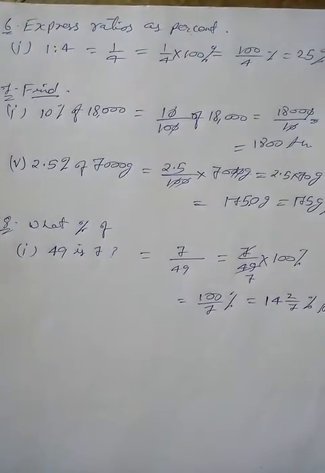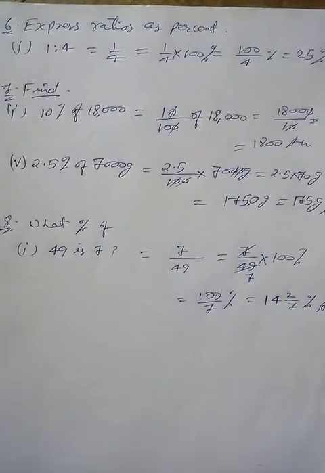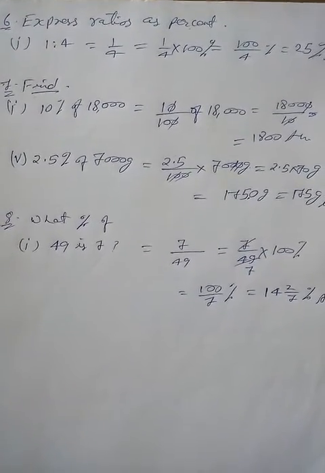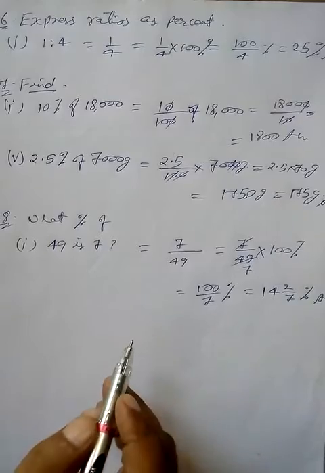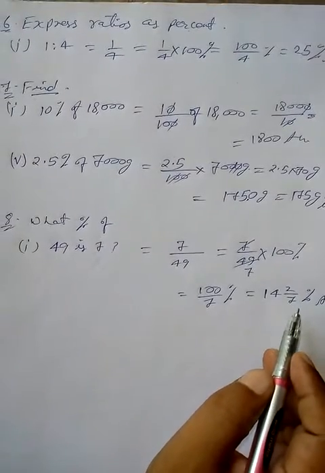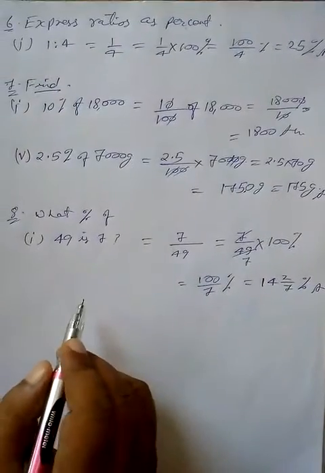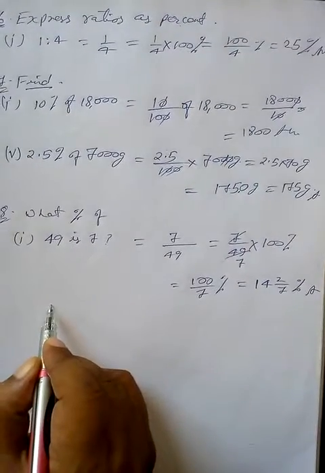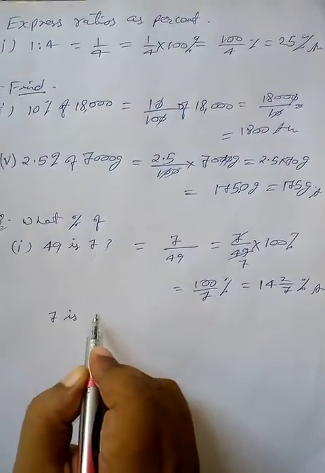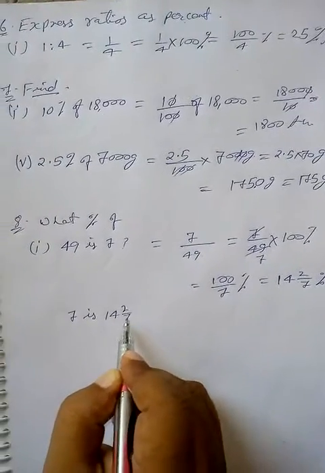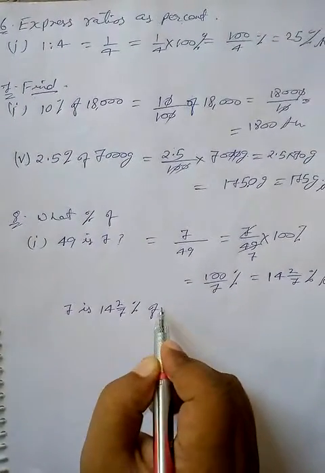This is the answer. Means what percent of 49 is 7? 7 is 14 2 by 7% of 49. So we'll write 7 is 14 2 by 7% of 49.